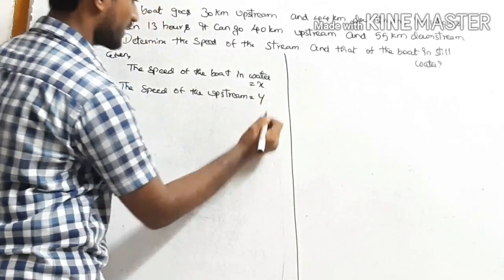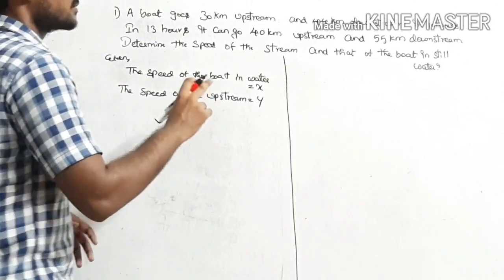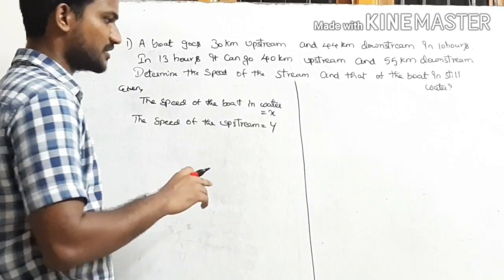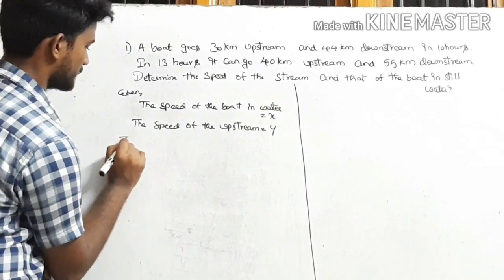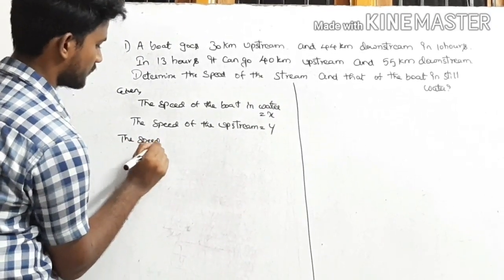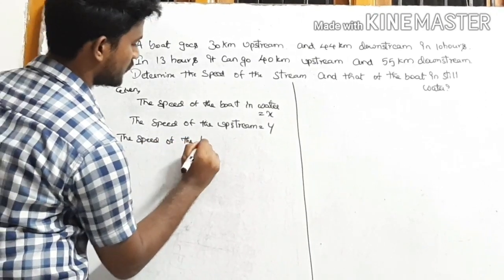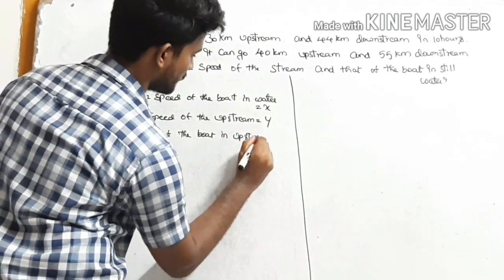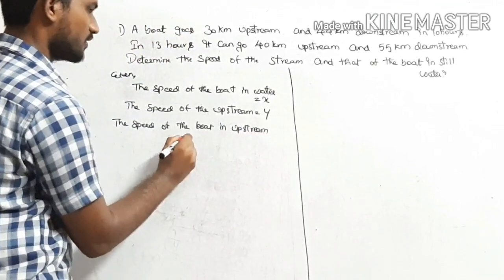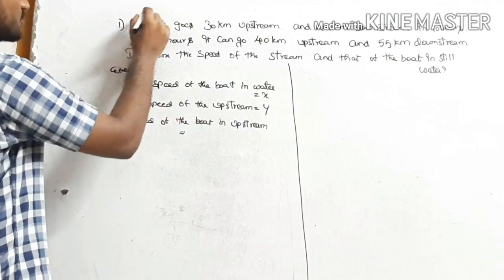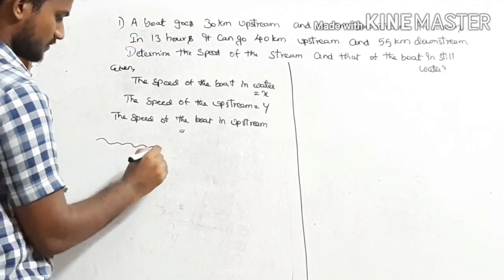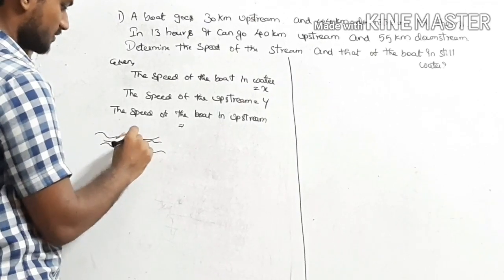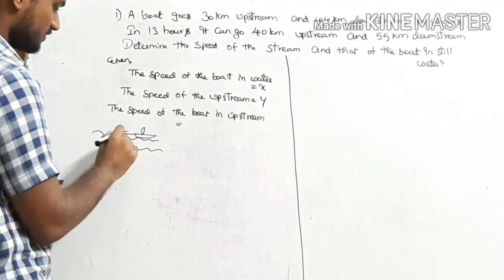as y. Then the speed of the boat in upstream you can calculate like this: the stream is going this way, and the boat is going the other way.